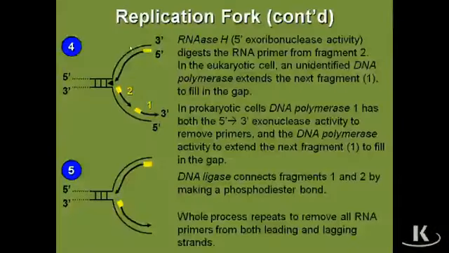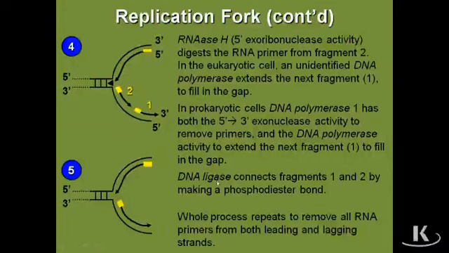Sort of a low-yield fact for your exam. But what this exonuclease activity does is it comes in and it removes these RNA primers and it fills in the gaps with DNA.